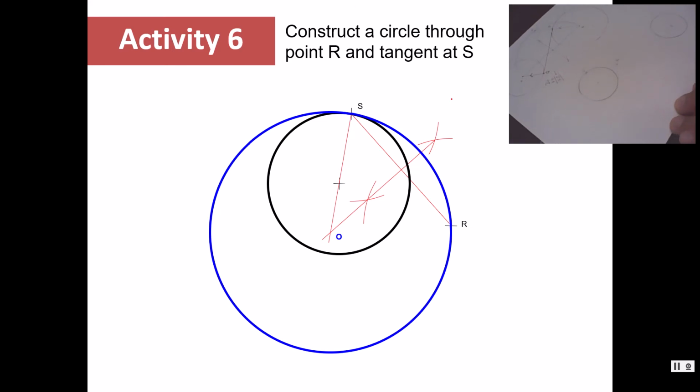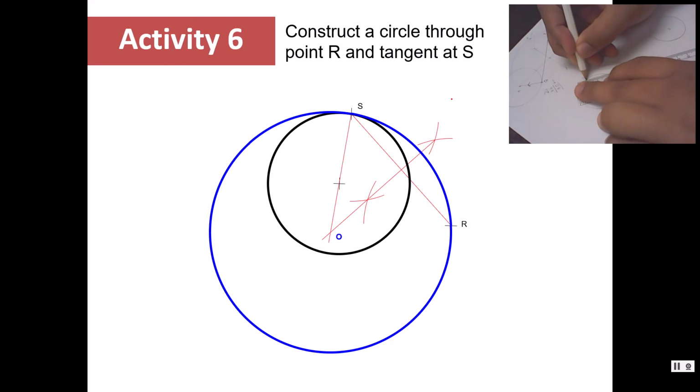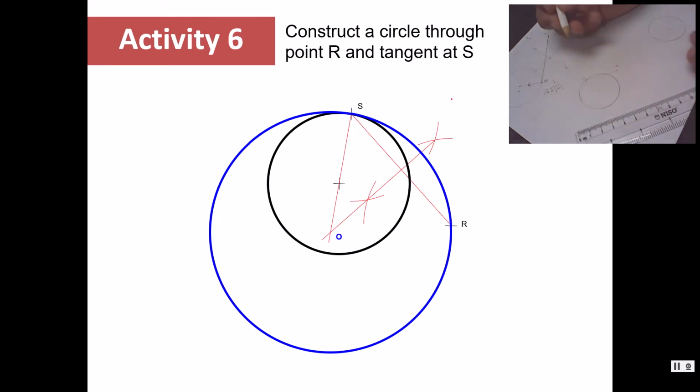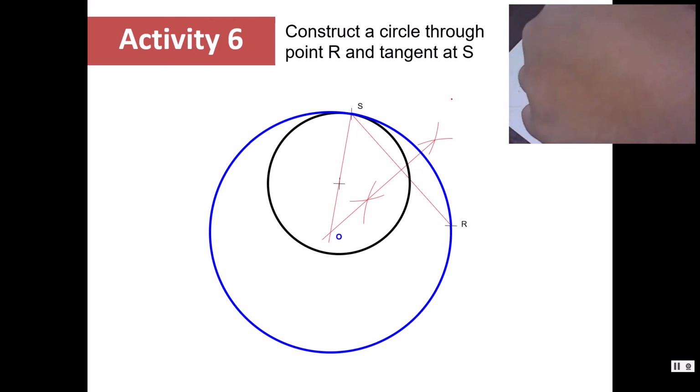Okay, so I think it's really straightforward. So I already have this circle, and I already have S and also R here. So the first step is to draw a straight line to connect S to R. Okay, after that you need to find the center point.